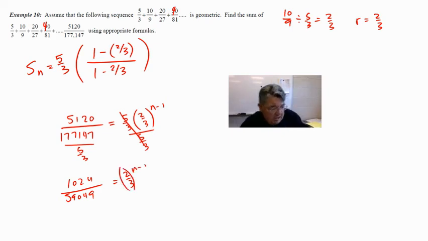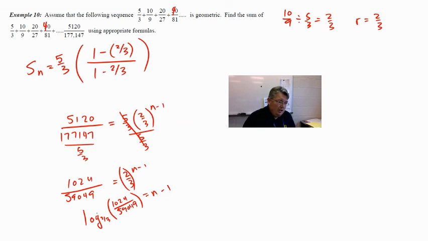Okay. And now I'm looking at that and saying, that's an exponential problem. I'm going to take a log. The log, base 2/3, yuck, of 1,024 over 59049 equals n minus 1.